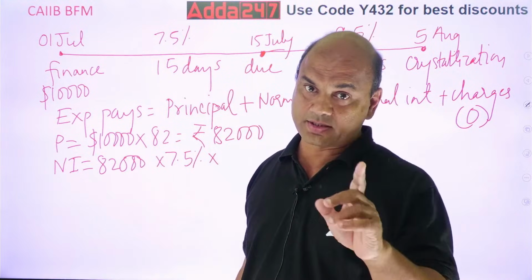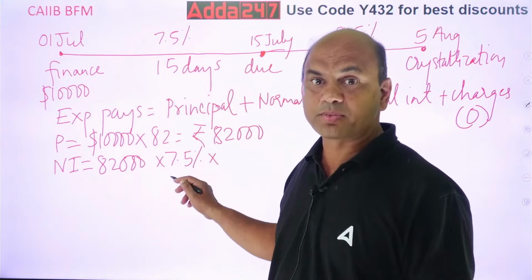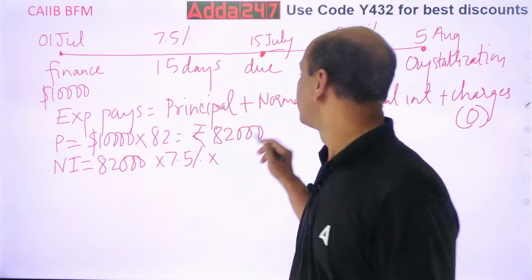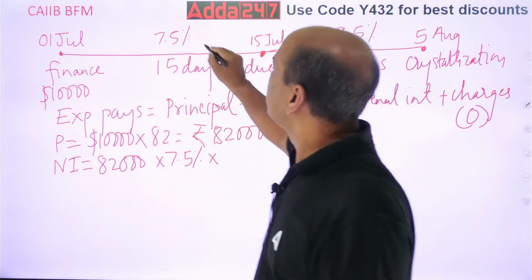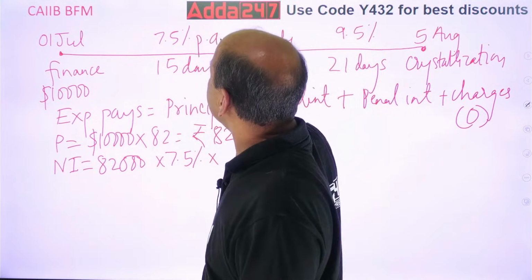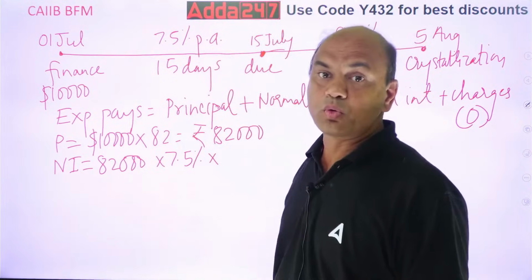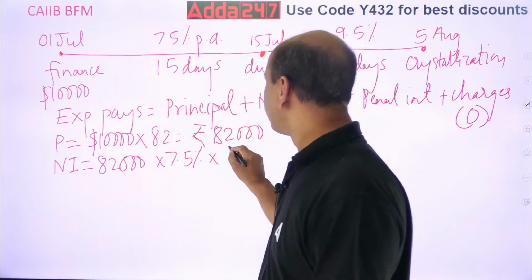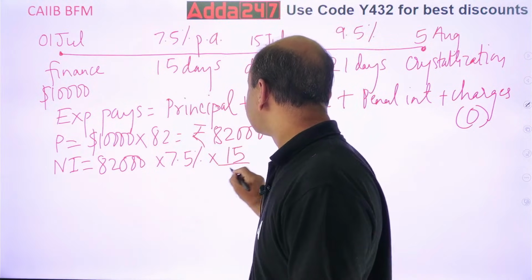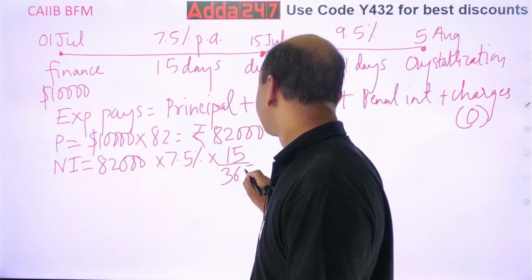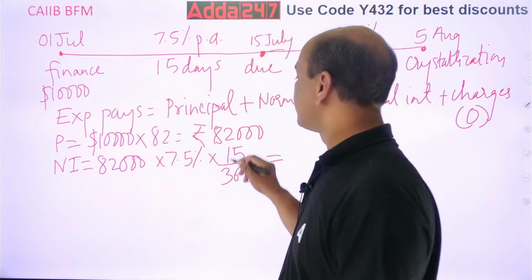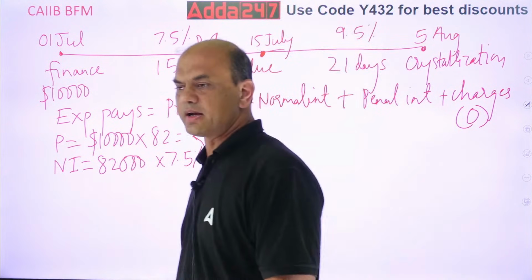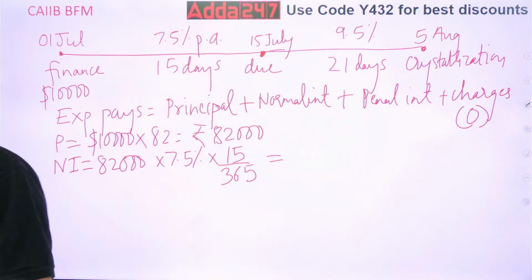Pay attention: this 7.5% is per annum. But am I charging him for a full year? No, I am charging him for only 15 days. So into 15 upon 365. This is what you need to understand: the calculation of simple interest.